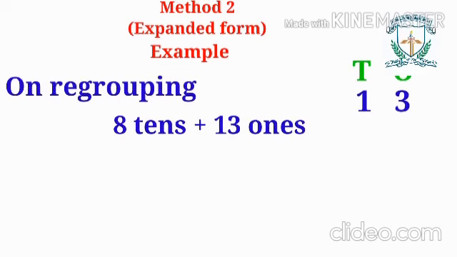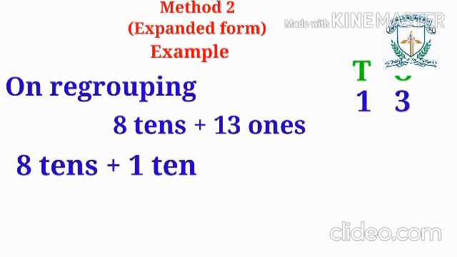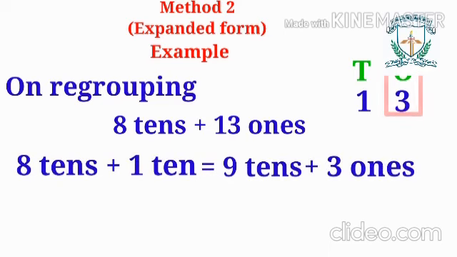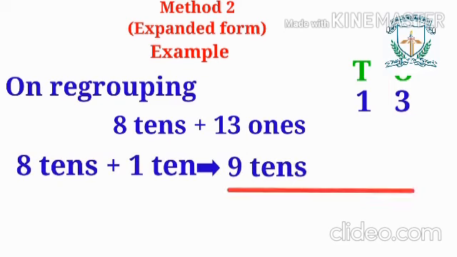While regrouping, again we have to add both the tens place digits. That is 8 tens plus 1 ten. Then we get 9 tens and the remaining digit, 3 ones, we have to write next to 9 tens like this: 9 tens plus 3 ones.